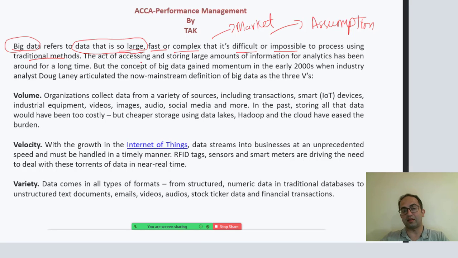The act of accessing and storing large amounts of information for analytics has been around for a long time, but the concept of big data gained momentum in the 2000s, when the millennials especially started hearing about things like startups, big data, crypto. These are all the jargons of the 2000s.